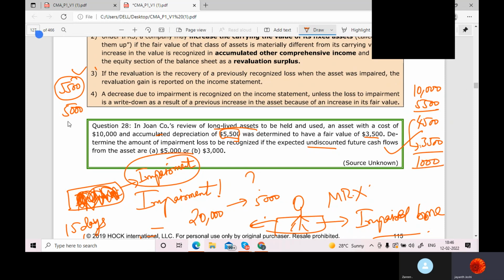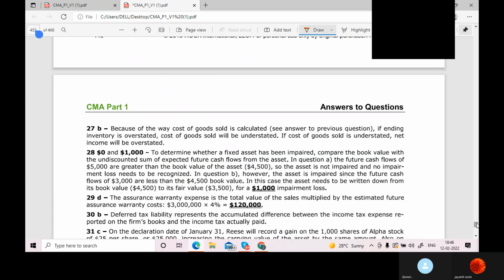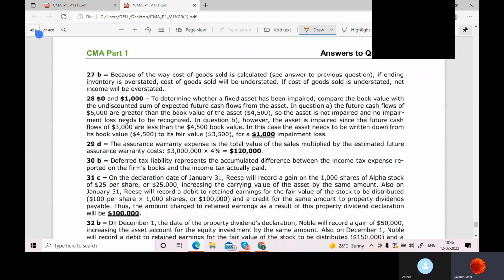In the second case, you're not able to recover in case 1 and you're not able to recover in case 2 also. Same impairment loss. Okay, so the same thing is happening. We got 1,000.